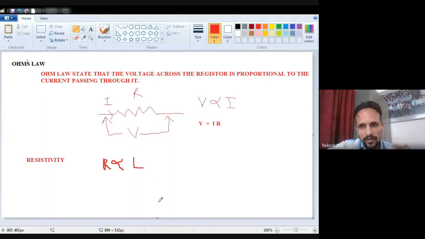Resistance is always proportional to the length, and it is inversely proportional to the cross-sectional area.